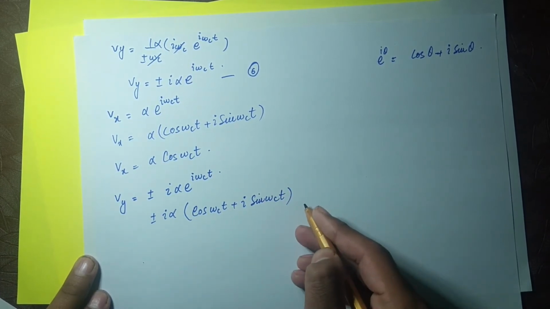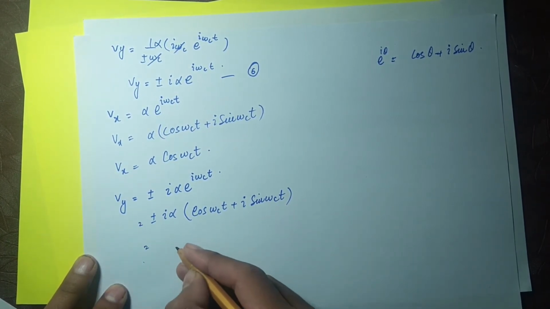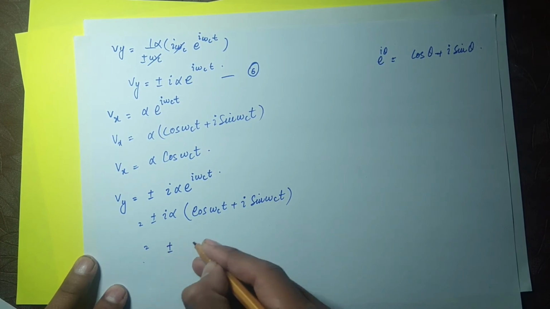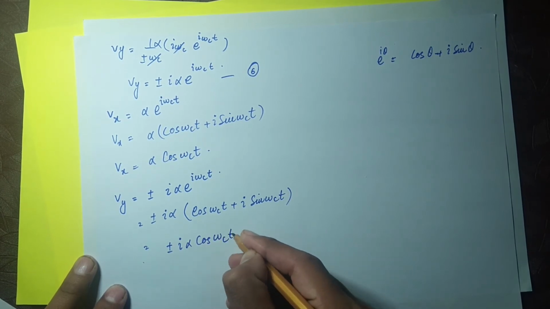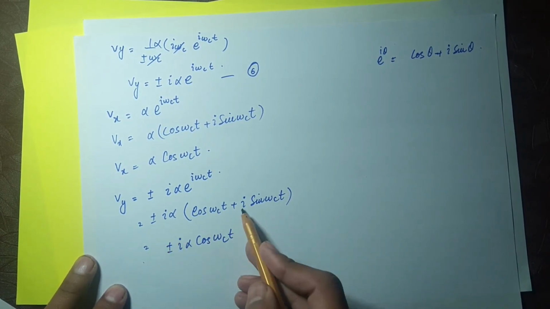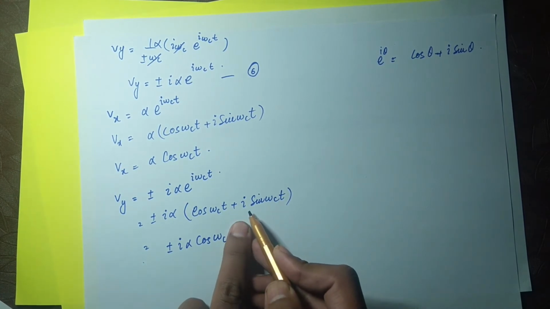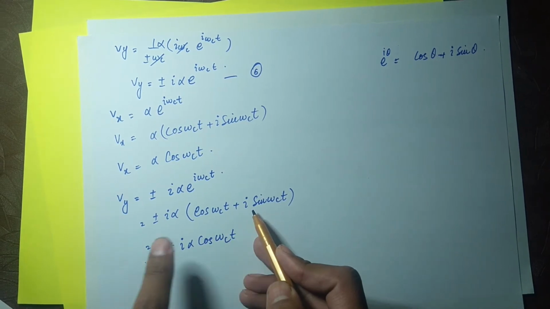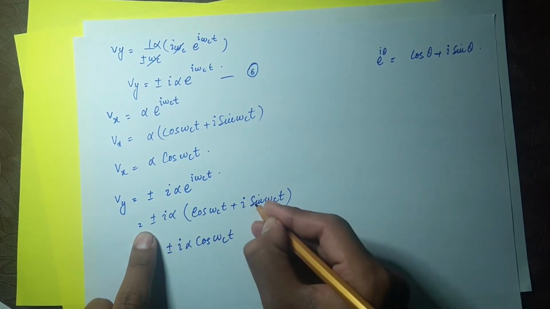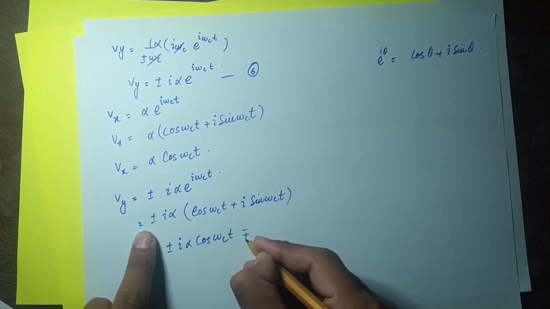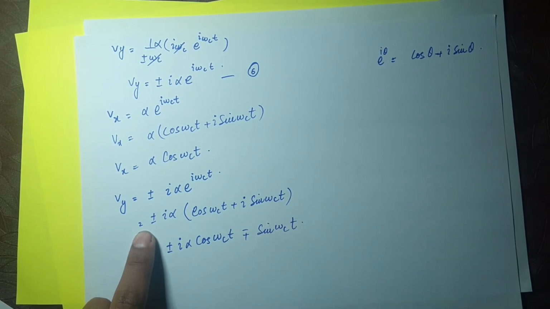This iota gets multiplied inside, giving plus minus iota alpha cos of omega c t, and when multiplied with the second term it becomes iota square, and iota square is equal to minus 1. This minus 1 inverts the sign, so plus minus becomes minus plus sine omega c t.